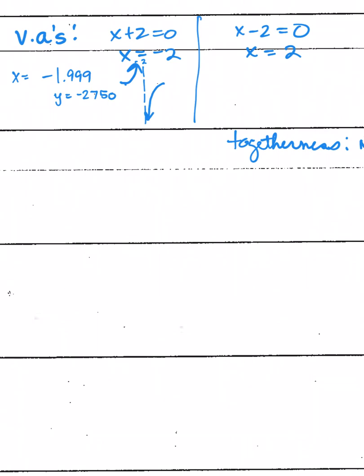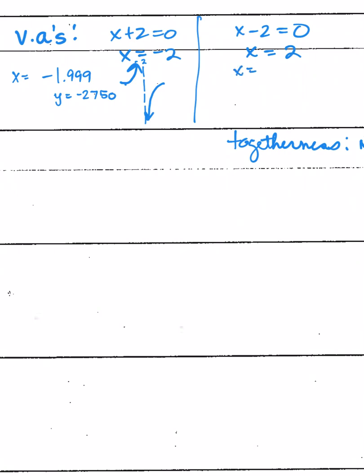Now we got to check x equals 2. So give me a point very, very close to what? Negative 2, to positive 2, right? 1.99999? Okay.